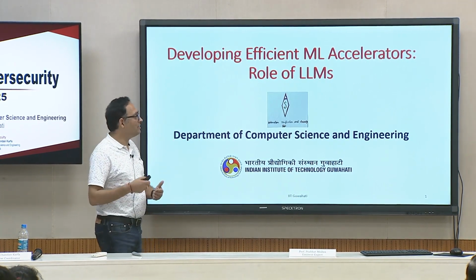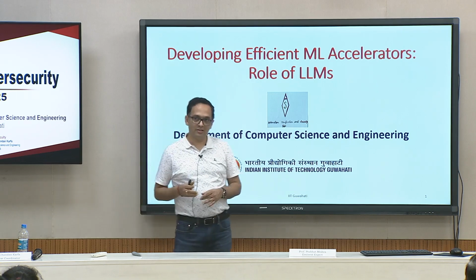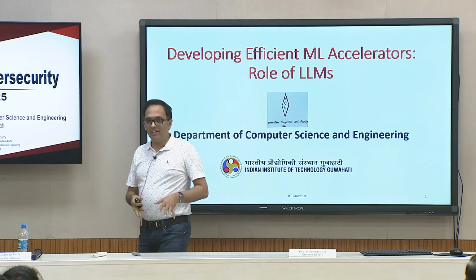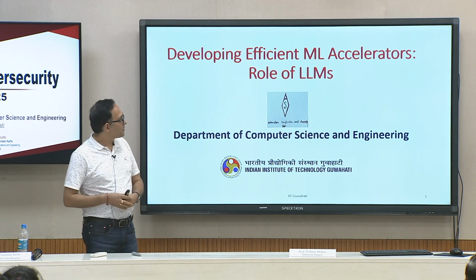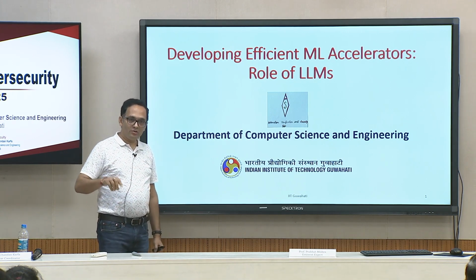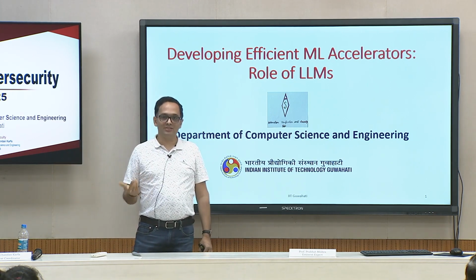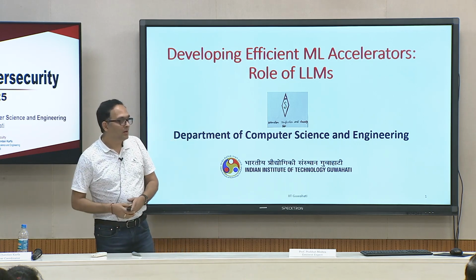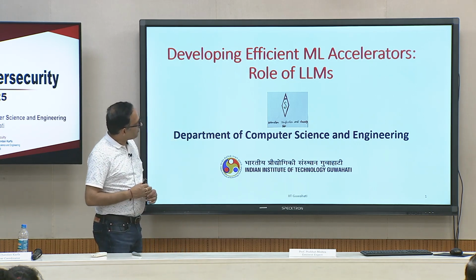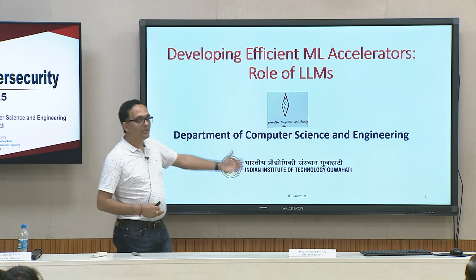Here, as I mentioned, it is not the training part. Once you have a trained model on some data sets, that model I want to run there to infer something, for classification or other machine learning tasks. So basically it is for inference.